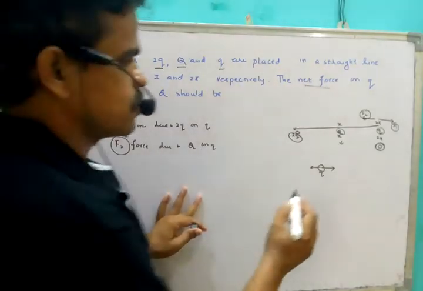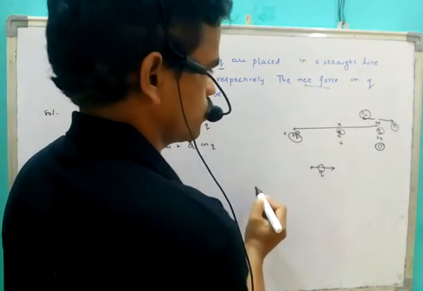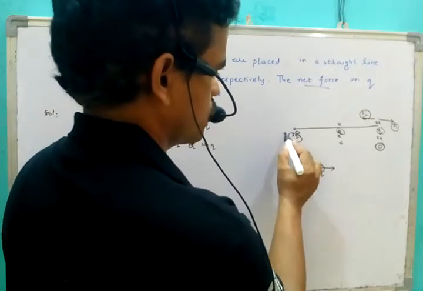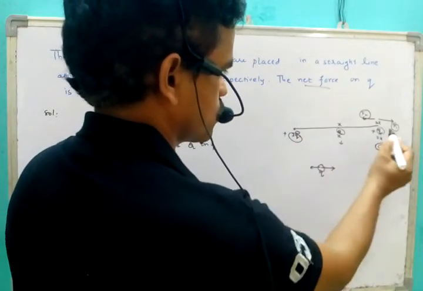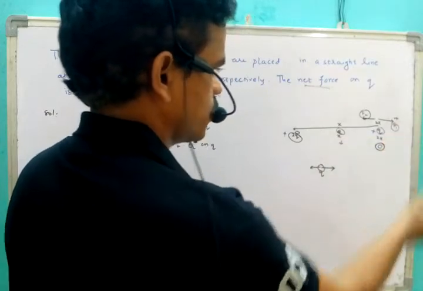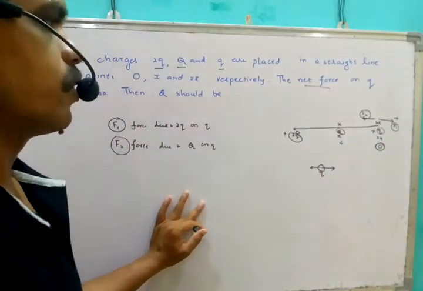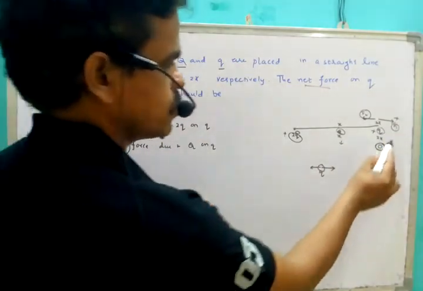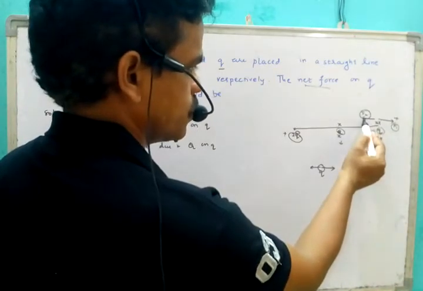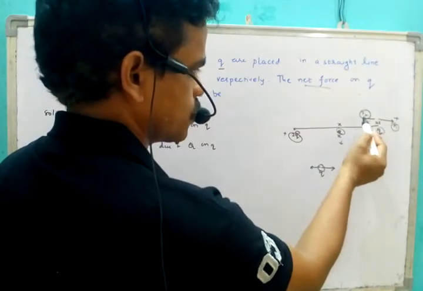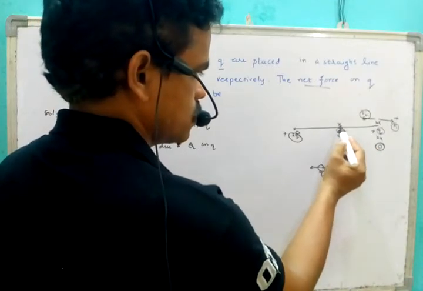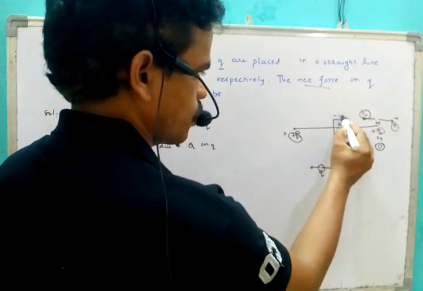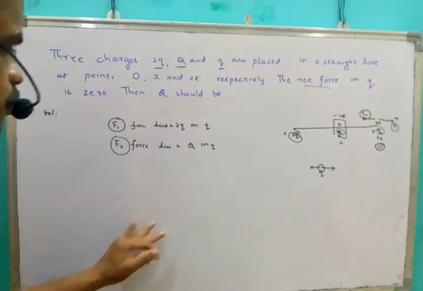See, the situation here is, this is positive, and this charge is also positive, so positive, positive gives a repulsive force. So F1 force will be repulsive force. If it is repulsive, then one more force should be attractive. That's why, as this is a positive charge, this charge should be negative.